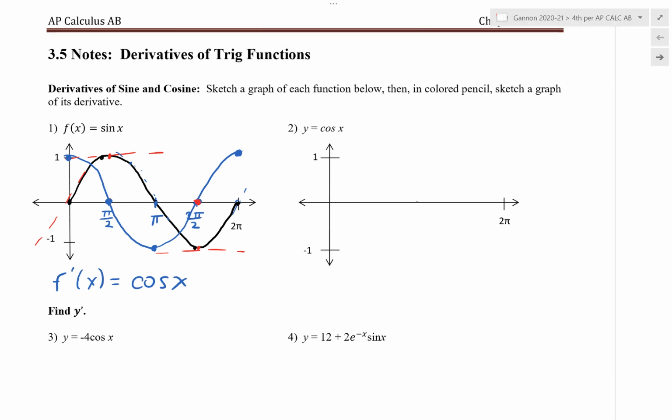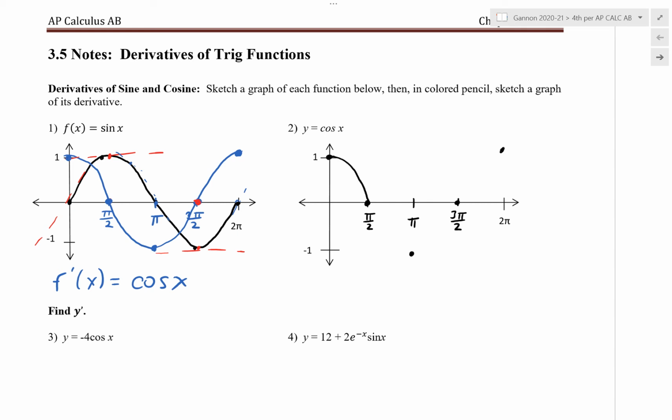Now, if we did the same thing for cosine, where we broke it up and looked at that, again, we've got pi, we've got pi over 2, and we've got 3 pi over 2. With cosine, we just actually have the graph in blue right there, but cosine has a maximum of 1 at the beginning. Then it has a 0, then a minimum of -1, a 0, and then back to that positive 1.